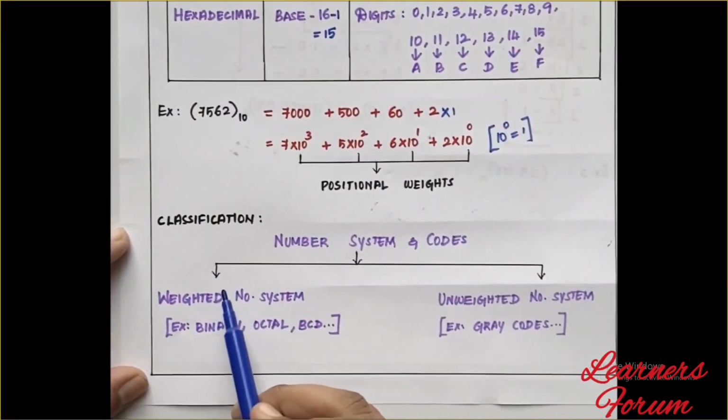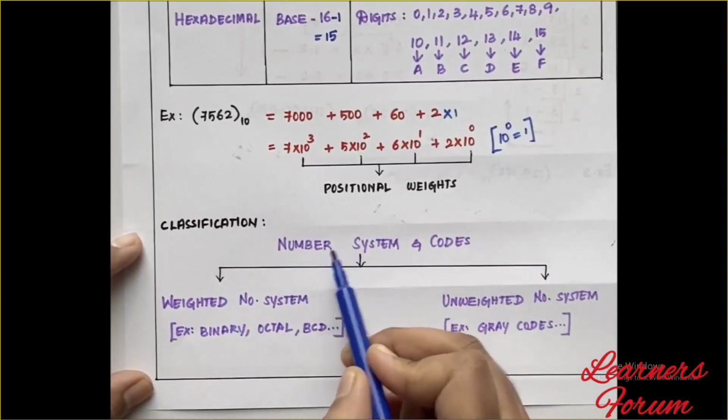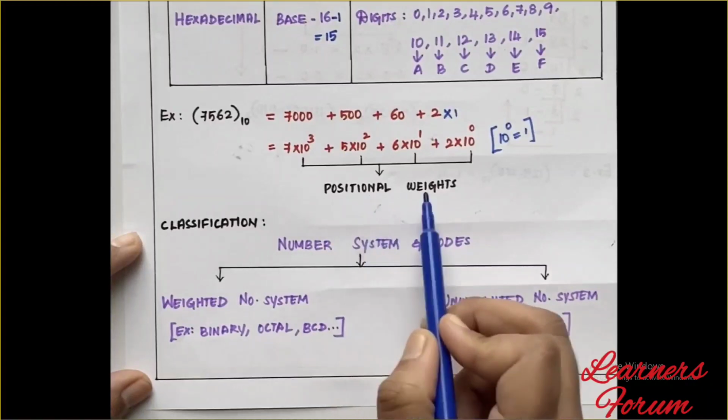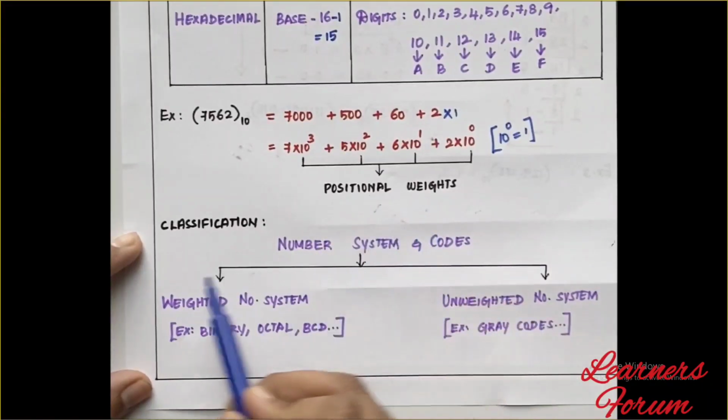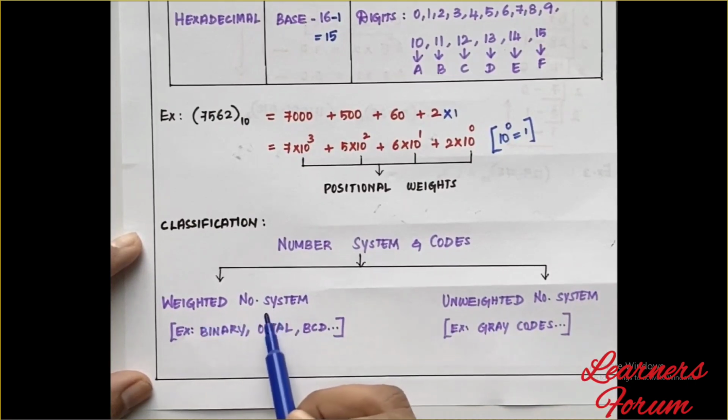Now let's see the classification of number system and codes. Once we complete the number system topics, we will be seeing about the codes also. This positional weight being an important factor, the classification is based on that. So we have weighted number system and unweighted number system. Under the weighted system, we have examples like binary, octal, BCD.